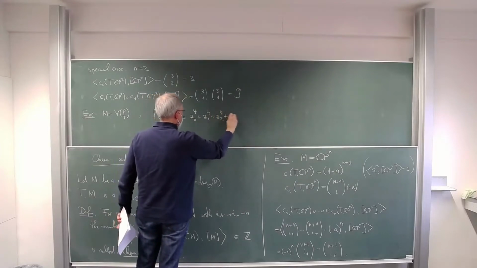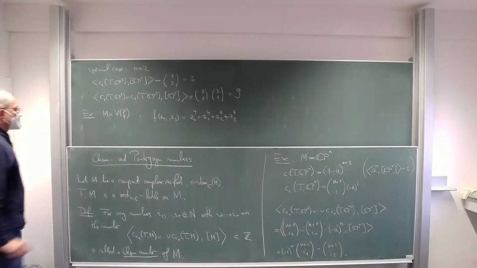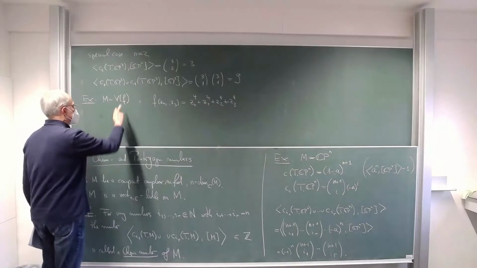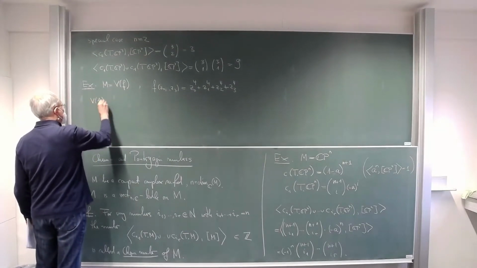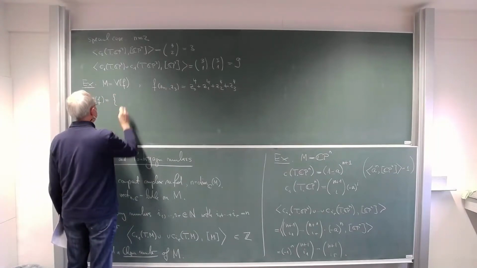It's a homogeneous polynomial of degree 4. And now this variety corresponding with this polynomial V(f) is by definition the set of all those lines in CP3.